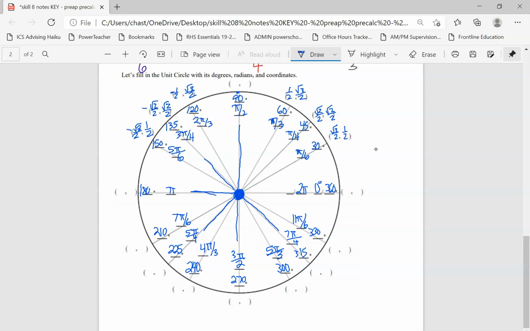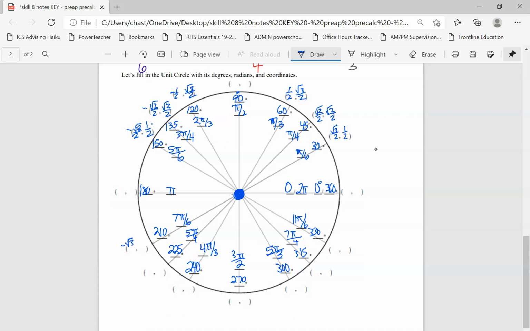All right, so now that we have all of that, this would be 0. Now for the rest of the coordinates, you could literally just take the coordinates that you had listed and keep doing reflections. In the third quadrant, everything is negative.